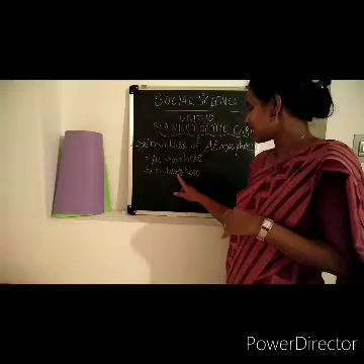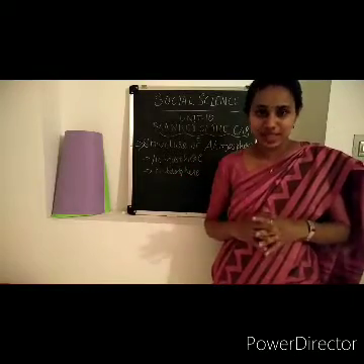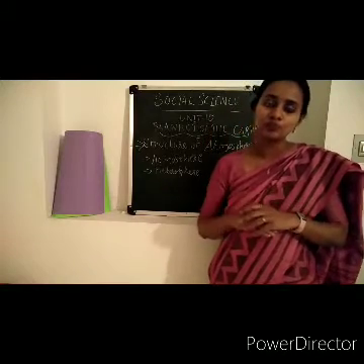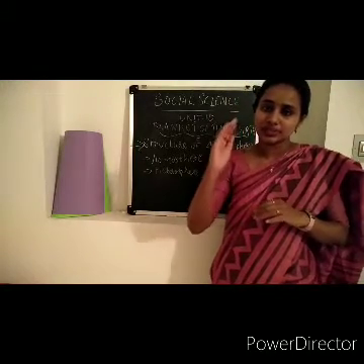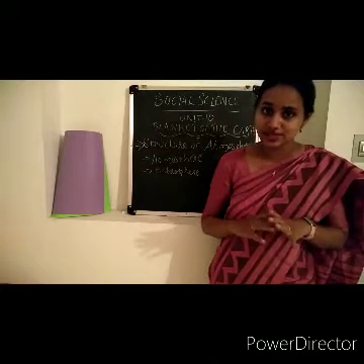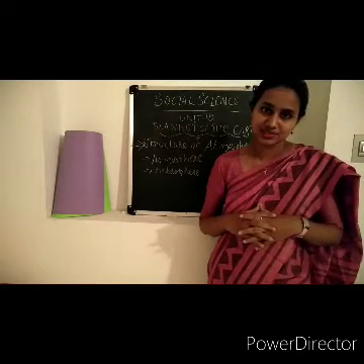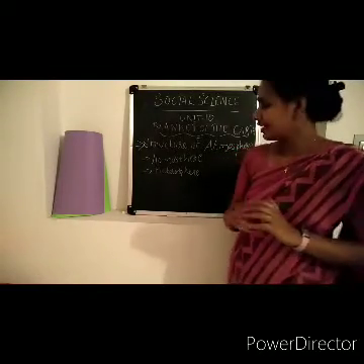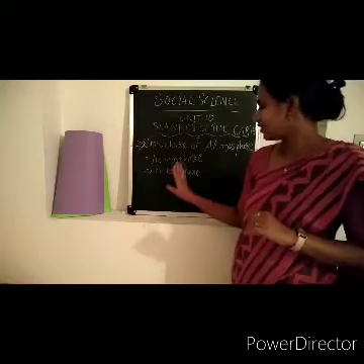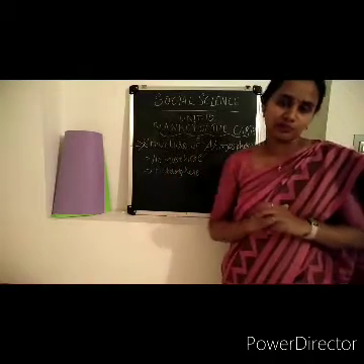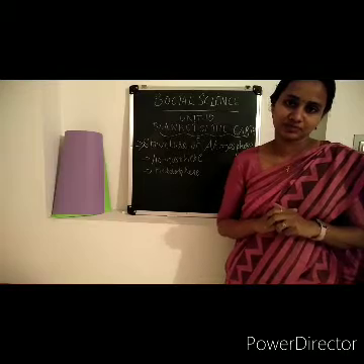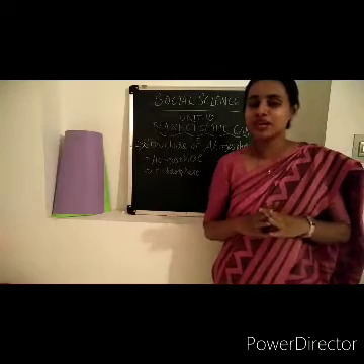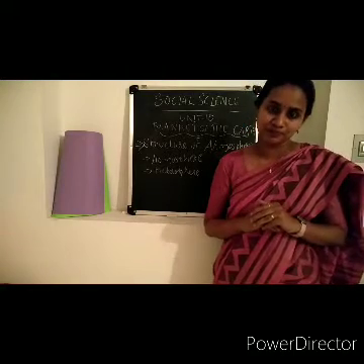And second term is heterosphere. It means that beyond this 90 km, above, the composition of gases is different. So there is no uniformity there. So it is termed as heterosphere. So homosphere and heterosphere are the two important terms that you must study.